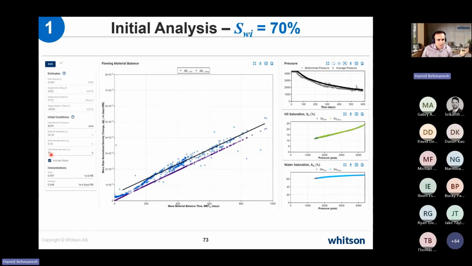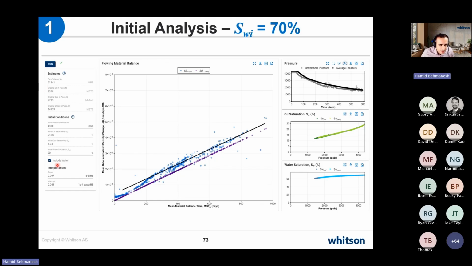What would significantly change the scenario here is the contacted volume. Initially I started with a tank filled with 30% water, and I forced the model to produce the cumulative water that I have as my history, and because there's a small amount of water, the saturation of the water drops significantly from 30% to 5%.